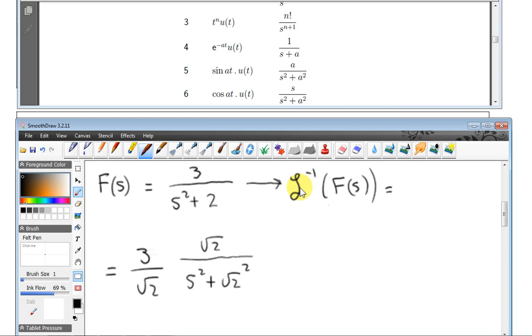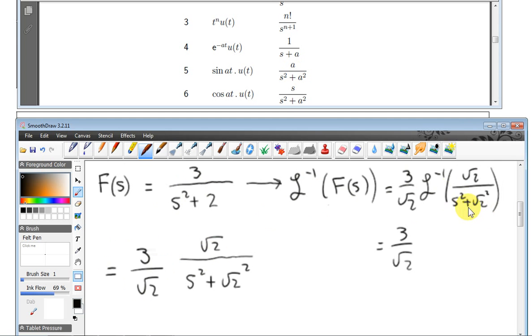Now we can use the linearity property of the inverse transform to take out the 3 over root 2. That's just a constant multiple, and we have to get the inverse transform of root 2 over s² + (root 2)². But of course we have this set up now. a is equal to root 2, so the answer is sin(root 2 t) times u(t).